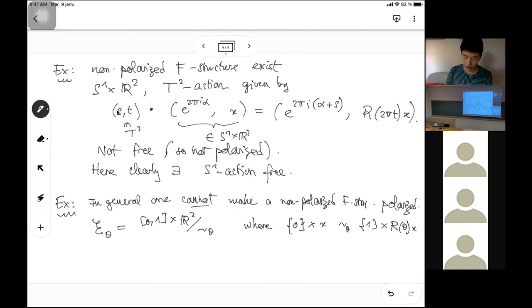Where this is the rotation of angle theta. So that's a nice 3-manifold. It's flat. You put the flat metric on it if you want. And it's diffeomorphic to S1 cross R2. But now consider the following.